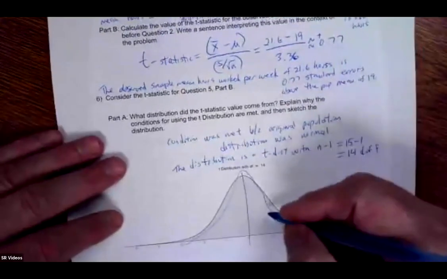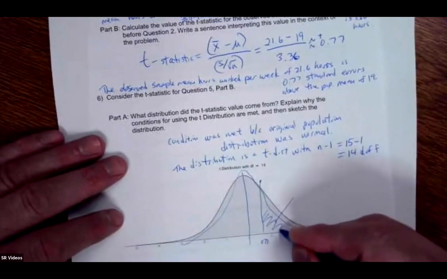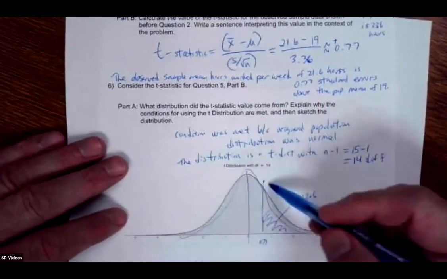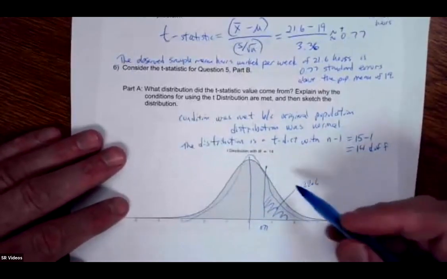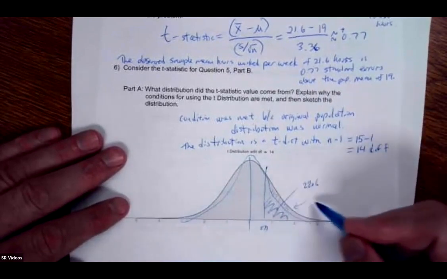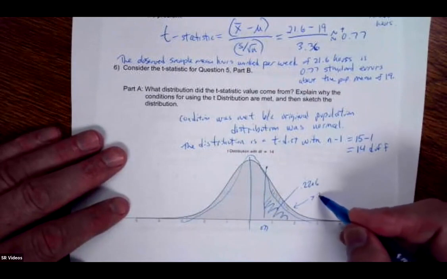Remember, in the normal distribution, here's 0.77, right about here. This area right here was 0.2206. But under the t distribution with 14 degrees of freedom, we're picking up a little more area. So we'd expect that probability to be a little bit bigger than 0.2206.